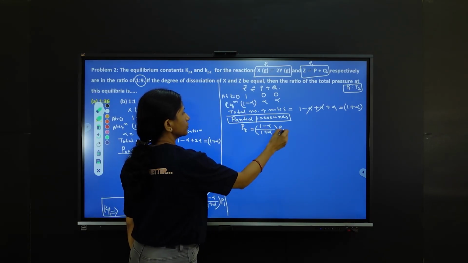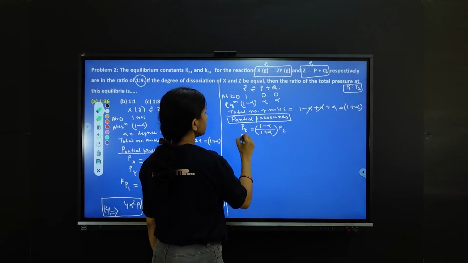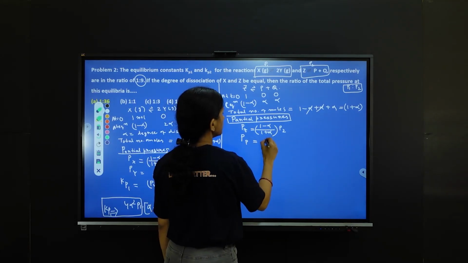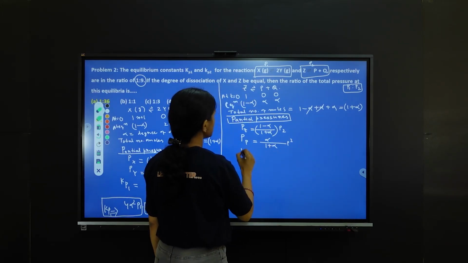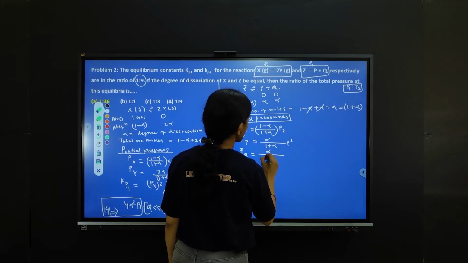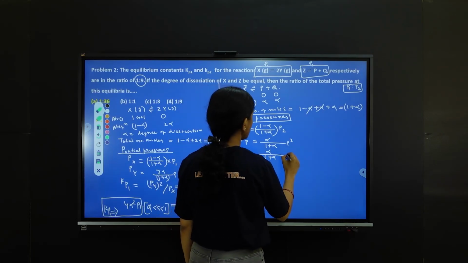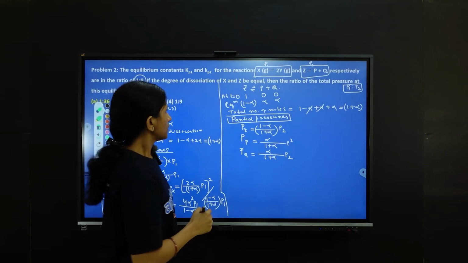Pp, one of the products, has partial pressure alpha divided by 1 plus alpha times P2, and Pq is equal to alpha divided by 1 plus alpha times P2. The same, right?